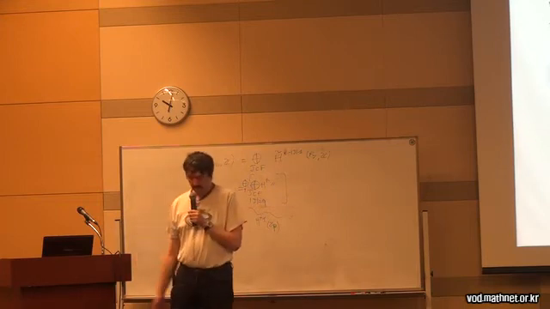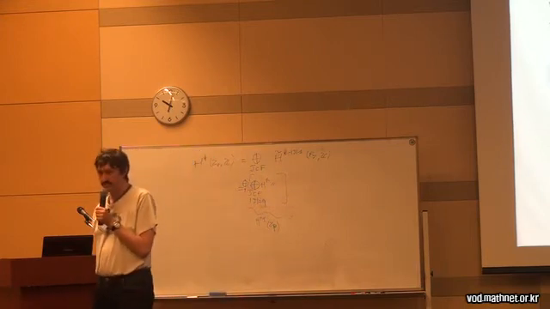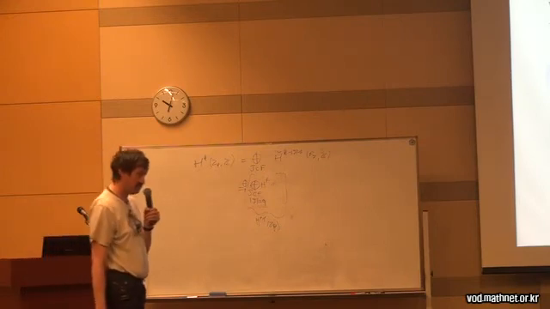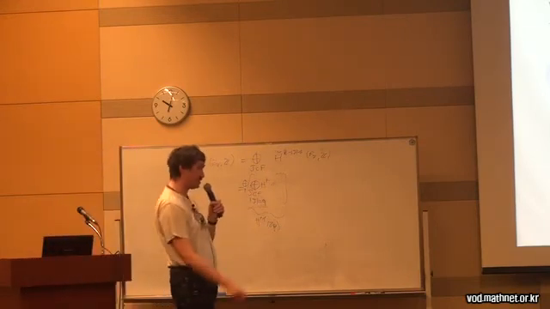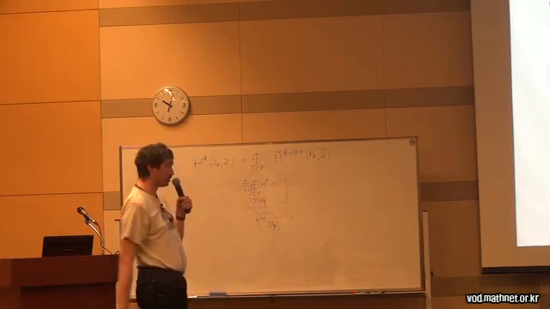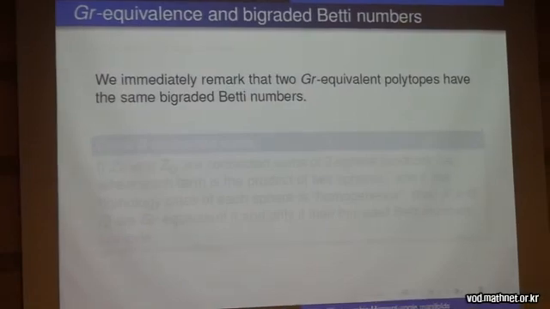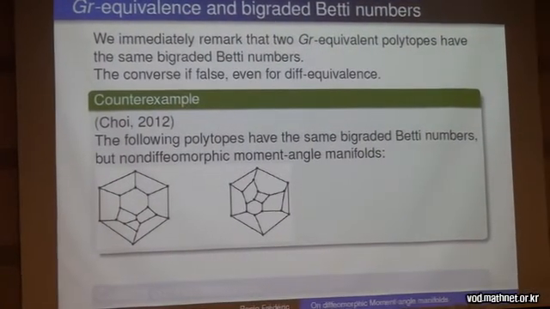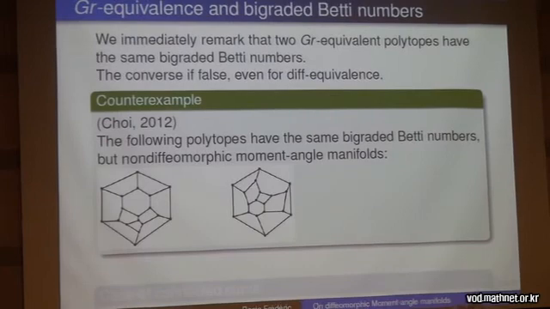And we can ask for the converse: two polytopes with the same bigraded Betti numbers, are they graded equivalent? This is false, and we have a counterexample that shows that even the cohomology may be different.